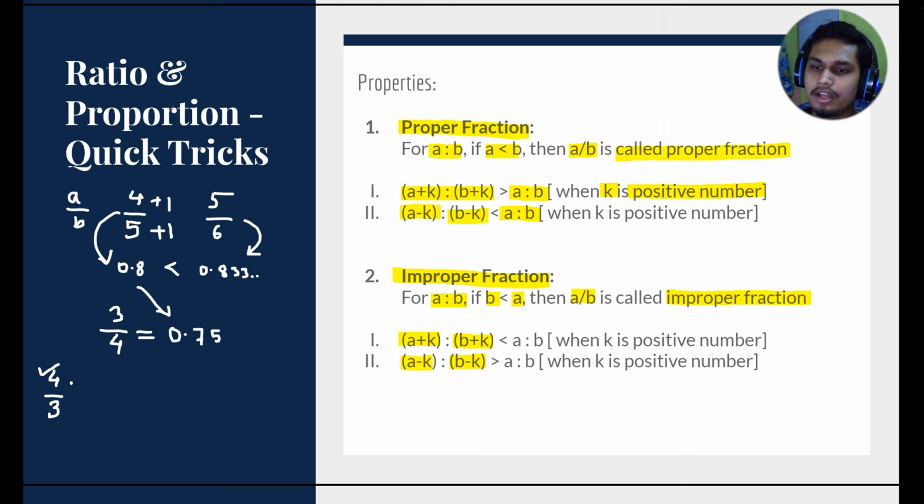Now if we add 1 in the numerator and denominator, we will get new fraction as 5/4. Now if you see this fraction, the value is 1.33, and the value of 5/4 is 1.25.